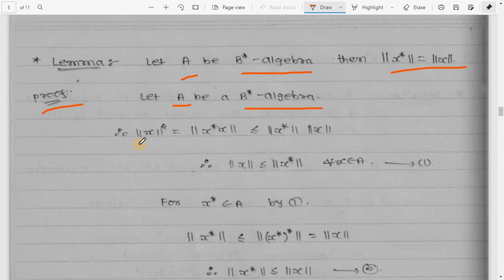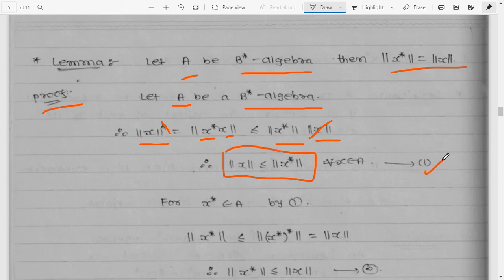So norm x square is equal to norm x star x, and it is less than or equal to norm x into norm x. So we cancel out norm x. So norm x is less than or equal to norm x star for every x belongs to A.